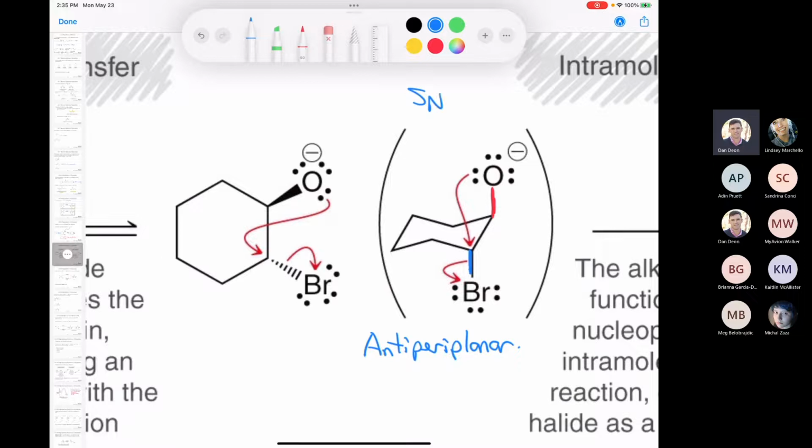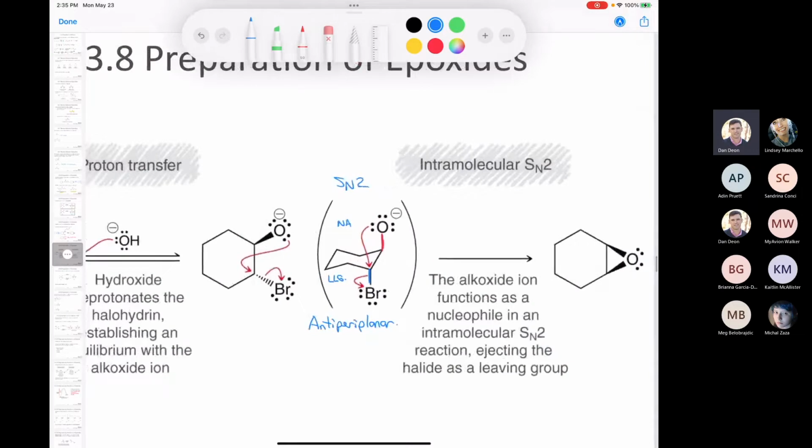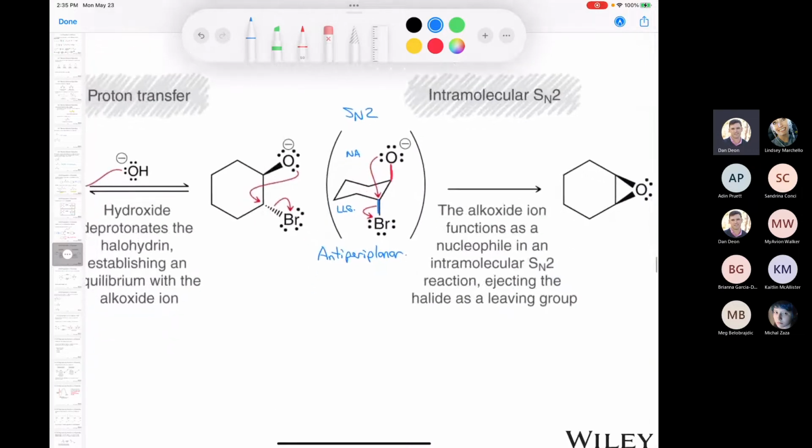This is nothing more than an SN2 mechanism. You have your nucleophilic attack here, and you have your loss of leaving group over here. But again, they have to be trans to each other in order for that to occur and form the epoxide.